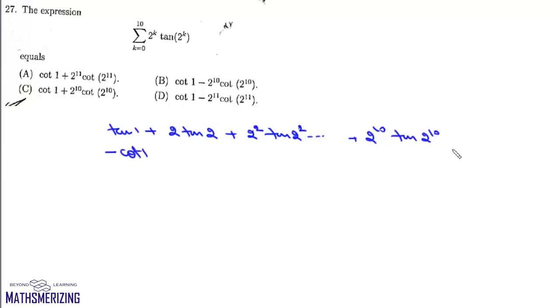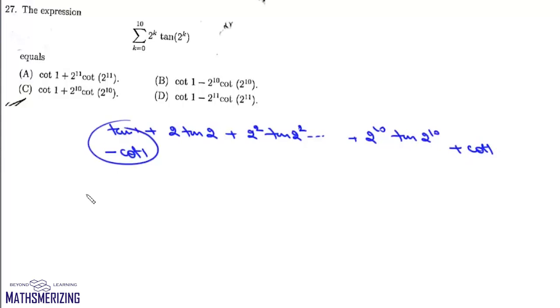Now 27 is this expression, which is tan 1 + 2 tan 2 + 2² tan 2² up to 2^10 tan 2^10 equals what? Now what we'll do is we'll add cot 1 and we'll subtract cot 1.